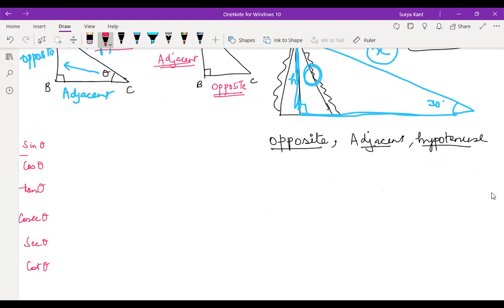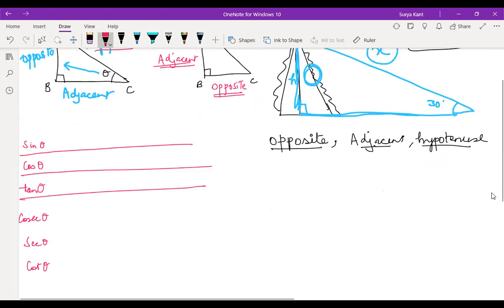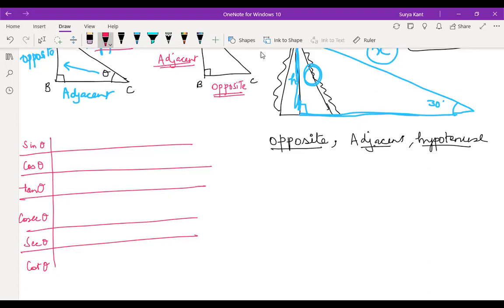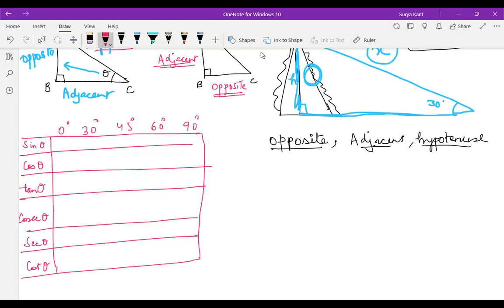These are the 6 types we are having: sine theta, cos theta, tan theta, cosec theta, sec theta, and cot theta. Sine 0, sine 30 degrees, sine 45 degrees, sine 60 degrees, sine 90 degrees. Do you know, children, the angles sine 0 and sine 30 and all? All of you know the values of it?